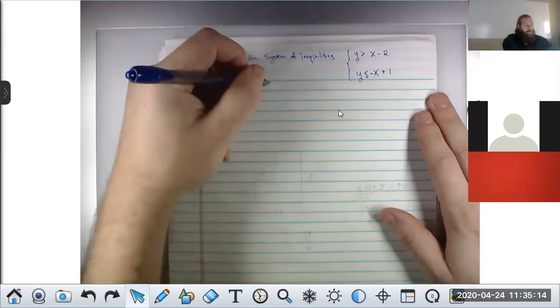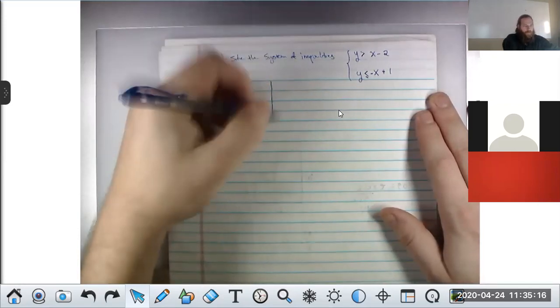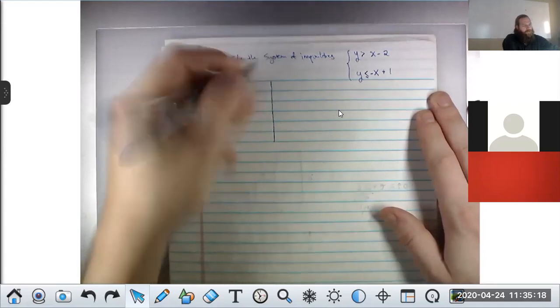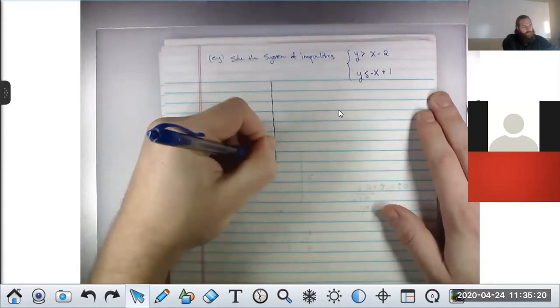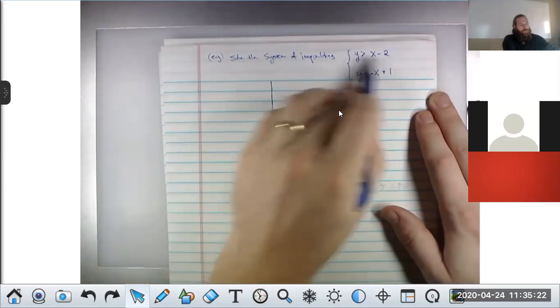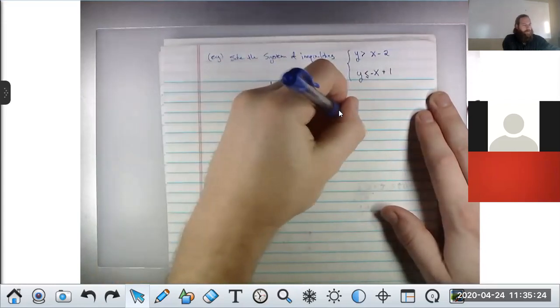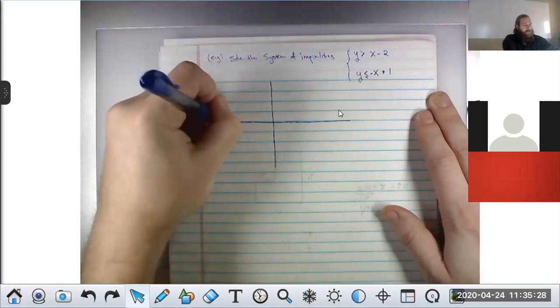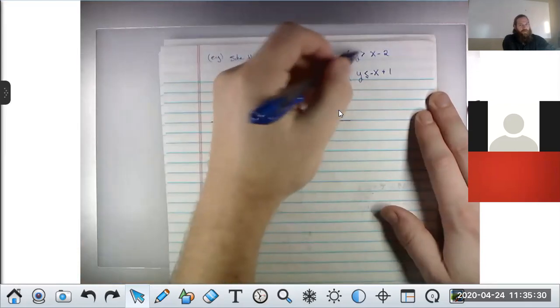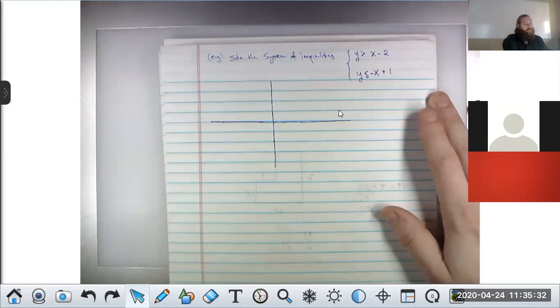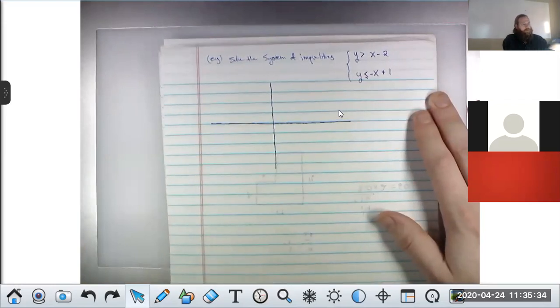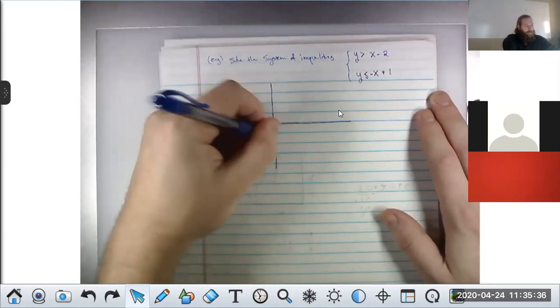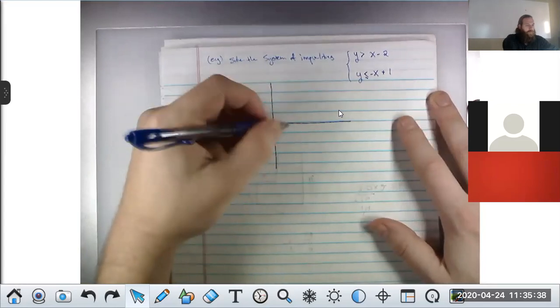So I'm going to graph both of those related equations. So the related equation for the first inequality is y equals x minus 2. So I'm going to graph the line y equals x minus 2, but I'm going to do so with a dotted line because this is a strictly greater than, not a greater than or equal to. X minus 2 has a slope of 1 and a y-intercept of negative 2.